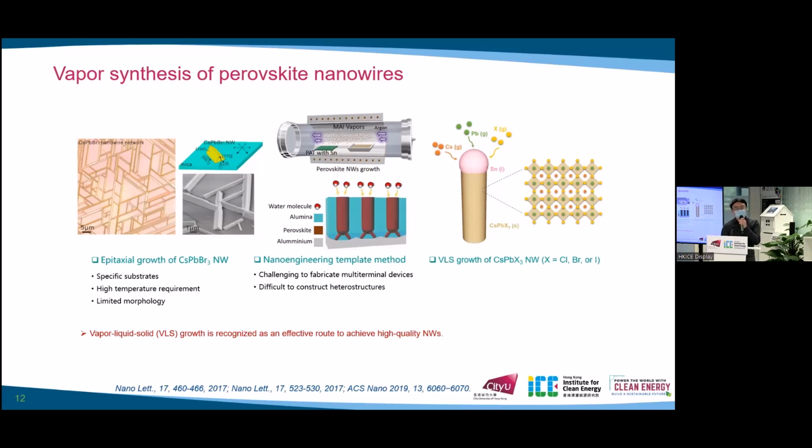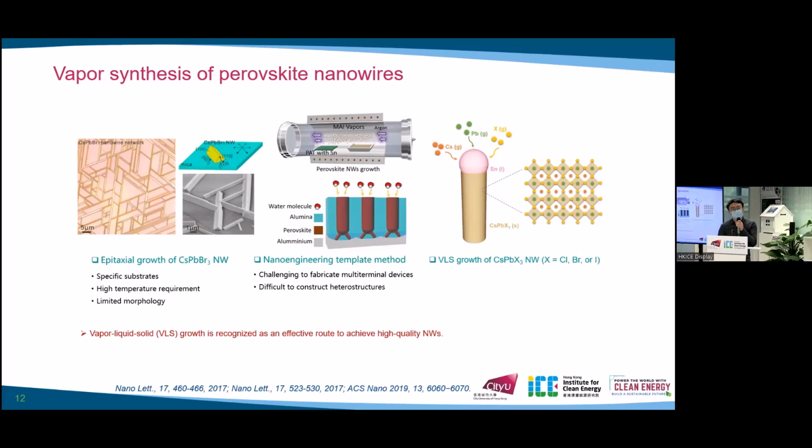But these methods have drawbacks and difficulties. For example, a specific substrate like mica is needed, and high temperature is required. And because of their growth features, it's challenging to fabricate multi-terminal devices, and it's also difficult to construct the heterogeneous structure for functional devices.